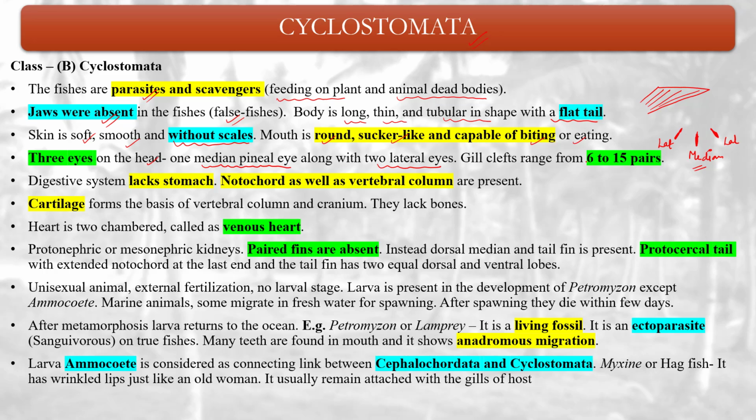They have gill clefts ranging from 15 to 16 pairs. The digestive system lacks a stomach, a very important point. Notochord as well as vertebral column are both present.